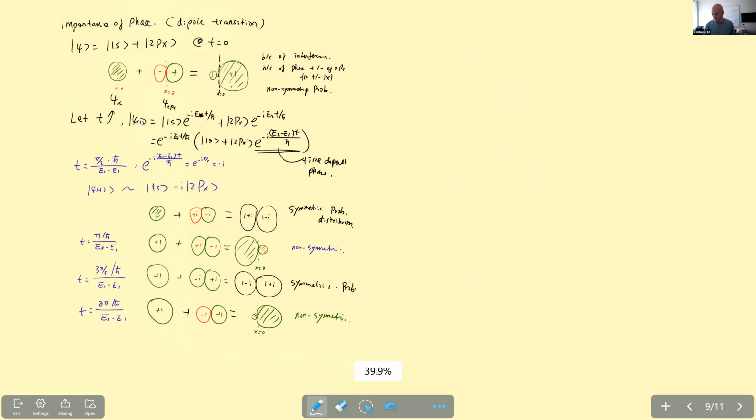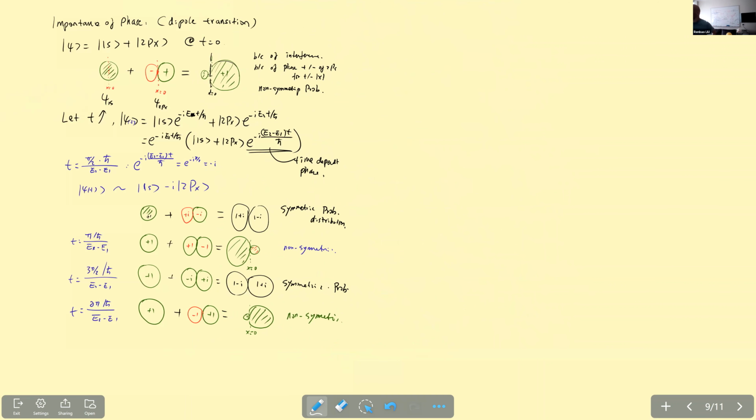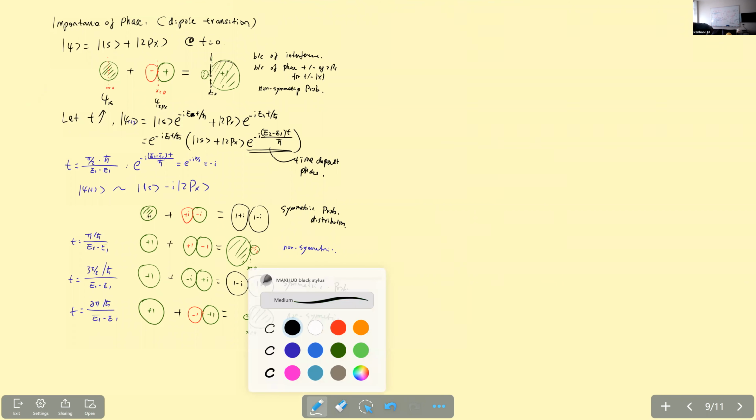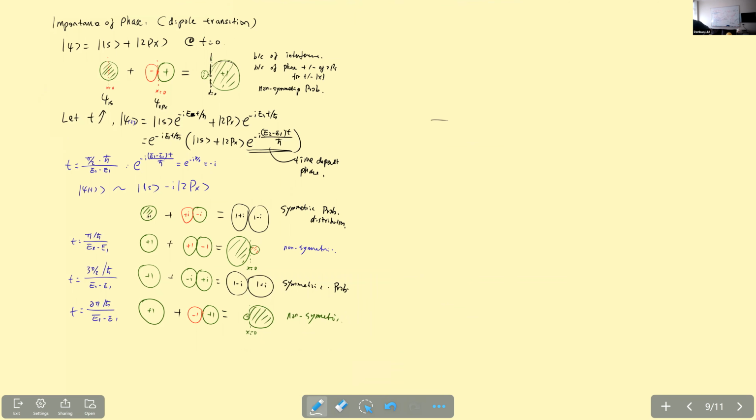Okay. So you can plot this one as a function of t. And this one you can look at the average position of this state.